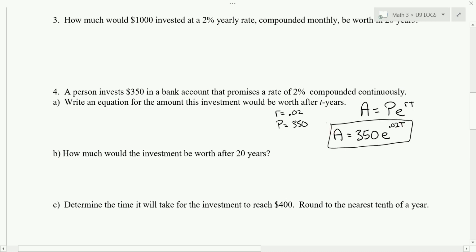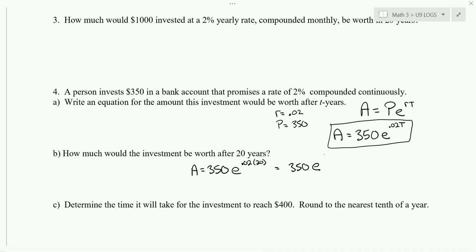Part B asks how much would the investment be worth after 20 years. So we plug 20 in for t. And so we want to find out, well, what is 0.02 times 20?